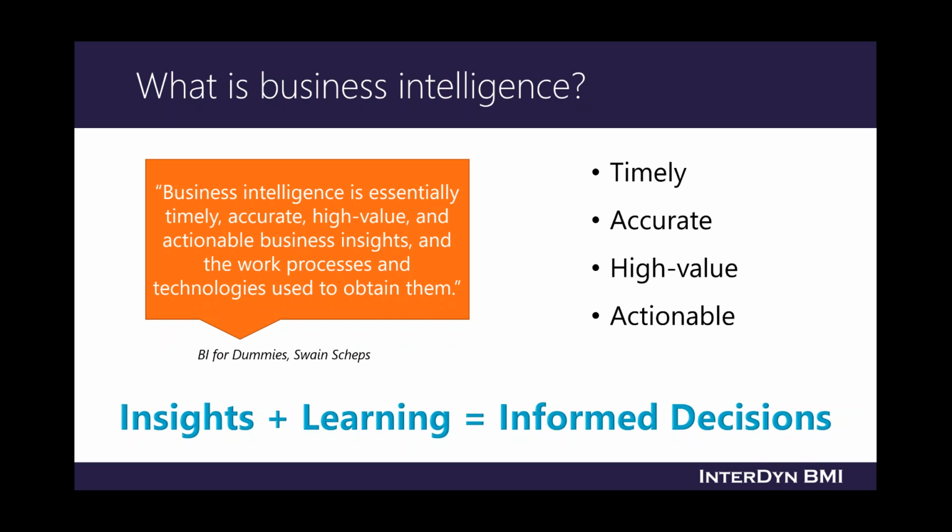And I think this quote from BI for Dummies sums it up. It's essentially timely, accurate, high value, and actionable business insights in the work processes and technologies used to obtain them. So it's not just about technology, it's also about your business processes. It's about how you are working with data and data management within your own organization.